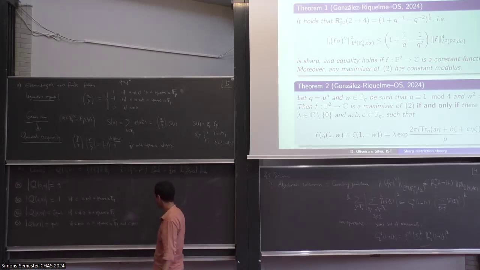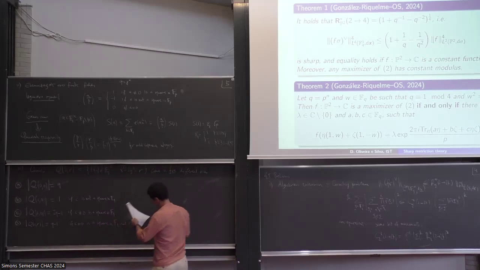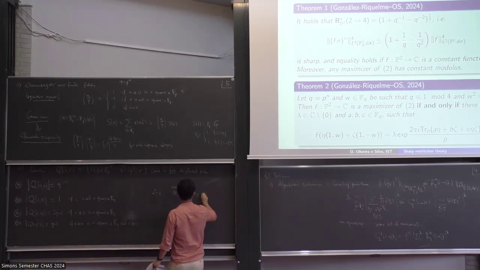What's happening? If C is a square, then you can call it alpha squared, which means that you can change variables. You can change the variables from x, y to x minus alpha y, x plus alpha y.